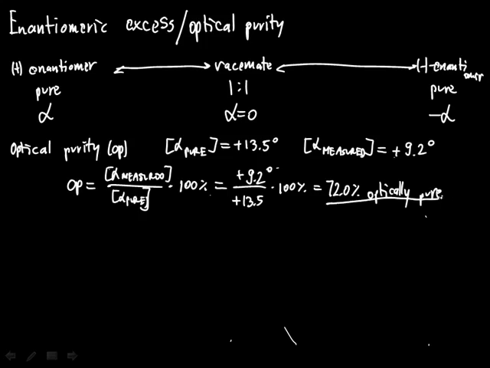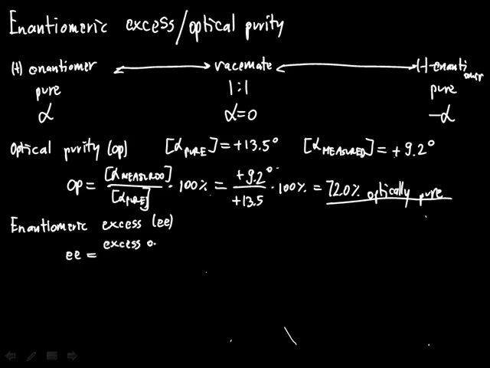enantiomer that we studied. A more common way to do this uses the concept of enantiomeric excess. And even though it's called completely differently, it's actually pretty much the same thing. Basically, enantiomeric excess, or EE, is defined as the excess of one enantiomer over the other.